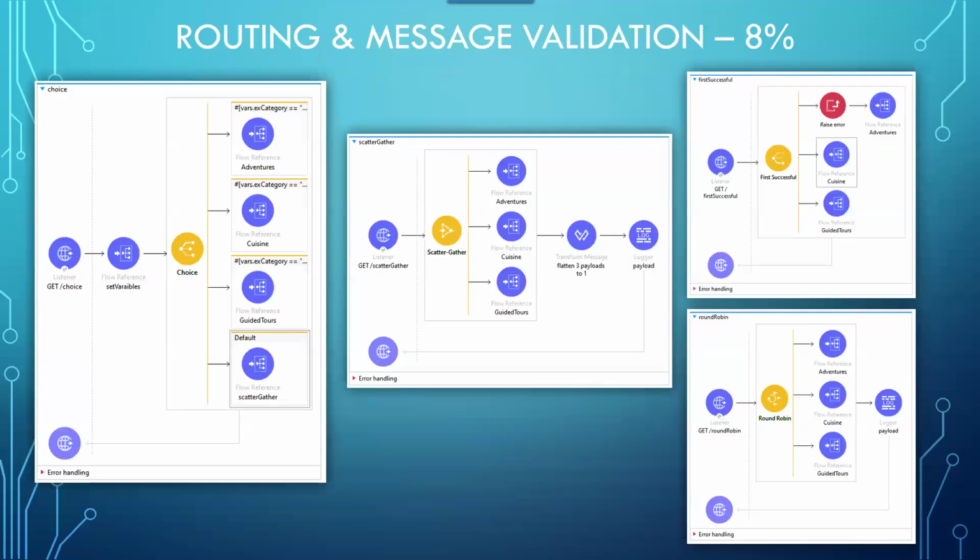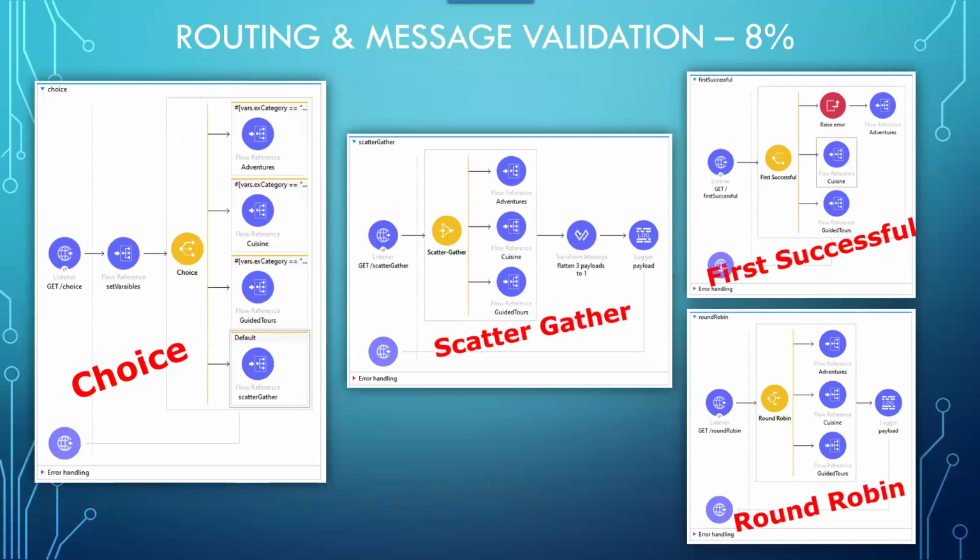All right. So the four that we have to use are the choice router, the scatter gather router, first successful router, and round robin. Okay. So choice, we're going to go into some details here. You have different routes and there's a default route here.